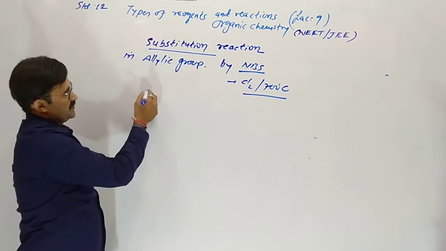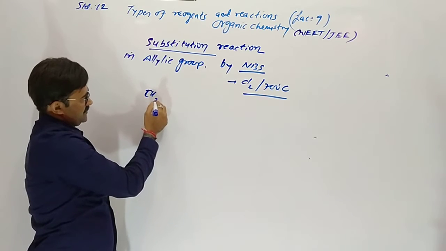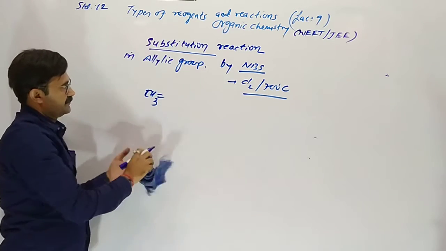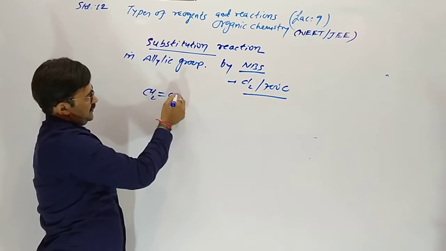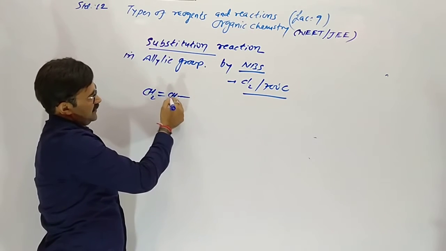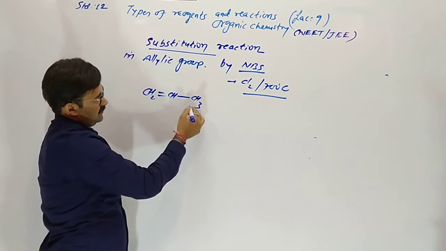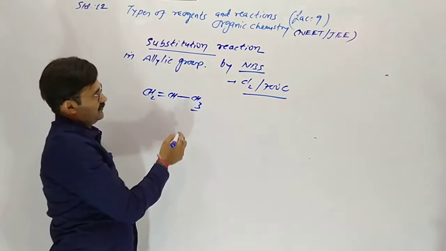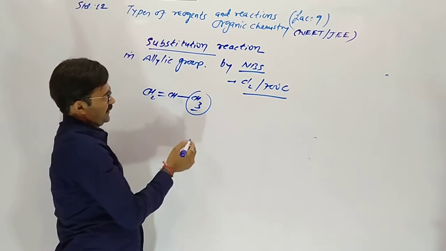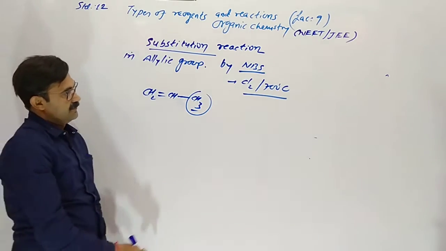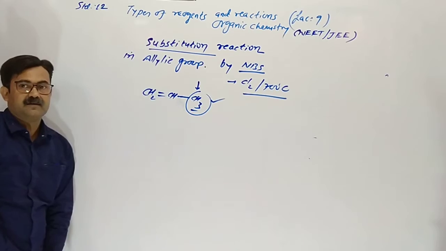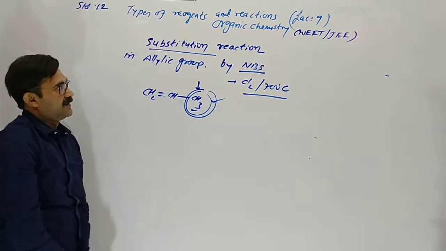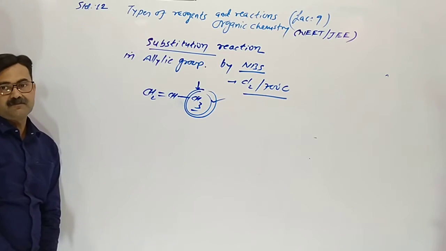In the above reaction, first of all, which is allylic? Whenever a carbon possesses a double bond, and then after it a single bond, and there is hydrogen, that is called allylic carbon. Where hydrogen is present is called the allylic place. So substitution occurs here in the allylic group.